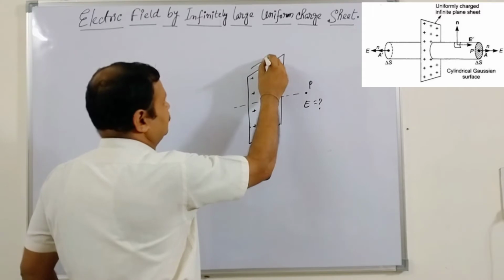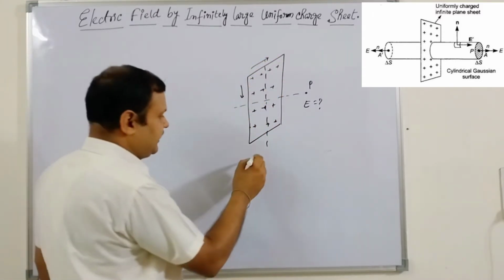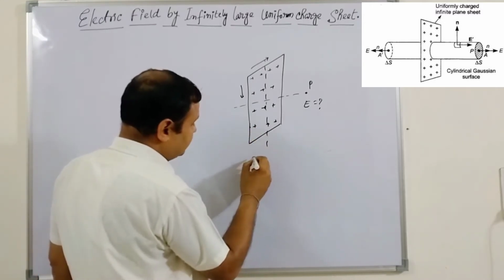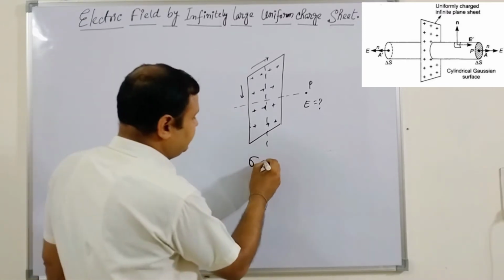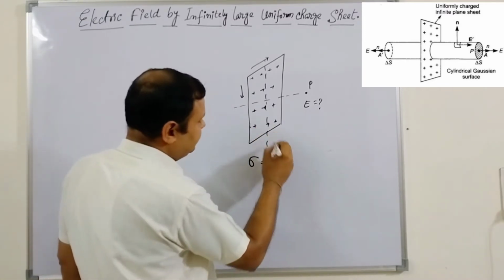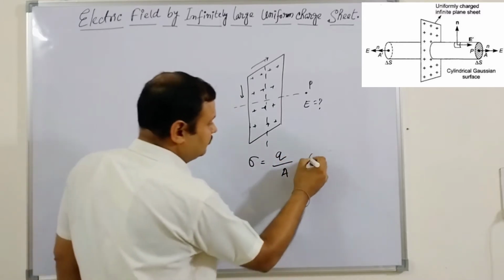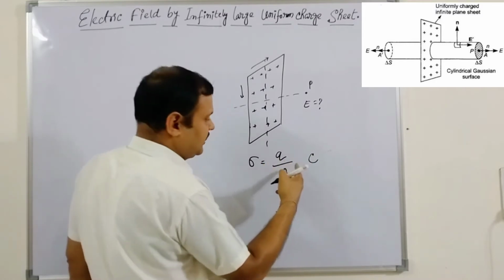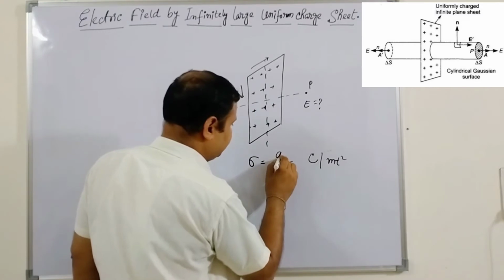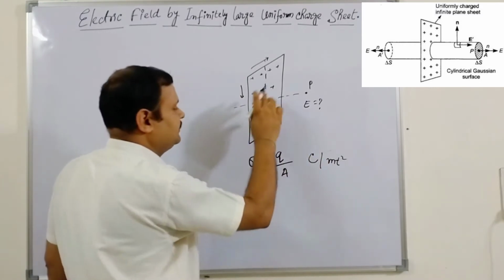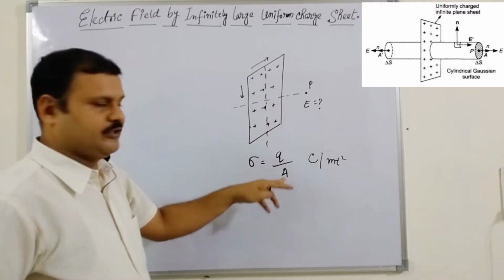So we say the charge is distributed over an area, and this is sigma, the charge density over the area, that is Q over A. The unit is Coulomb per unit area, which is Coulomb per meter square in SI units. So sigma is Q by A.